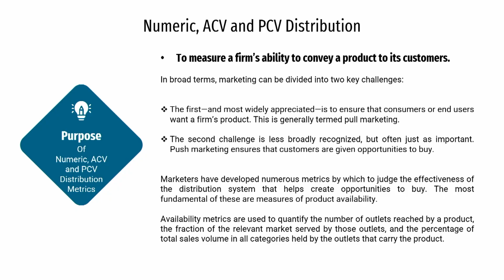Or in other words, the accessibility level for my brand is 90%. They also measure the fraction of the relevant market served by those outlets and the percentage of total sales volume in all categories held by the outlets that carry the product. So, this is the primary purpose of the metrics associated with channel management.